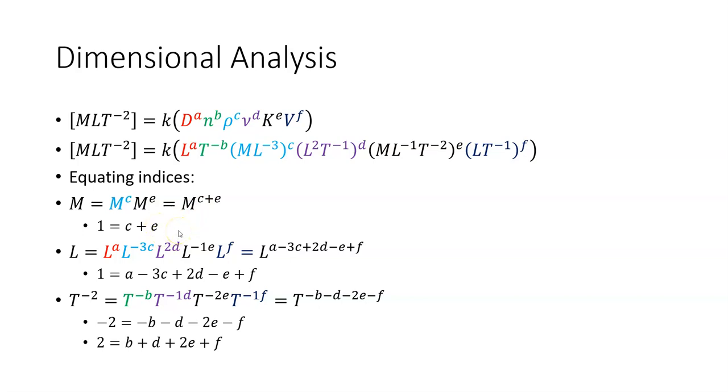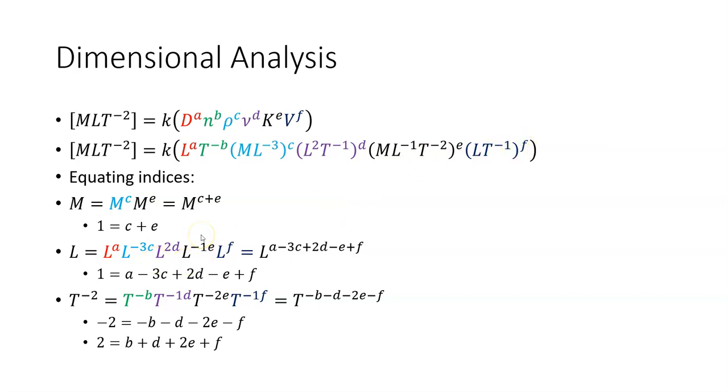And I'll do the same then for L. If I compare the L indices, here we have L to the power of 1. We have L to the power of a, L to the power of minus 3c, L to the power of 2d, L to the power of minus e, and L to the power of f.